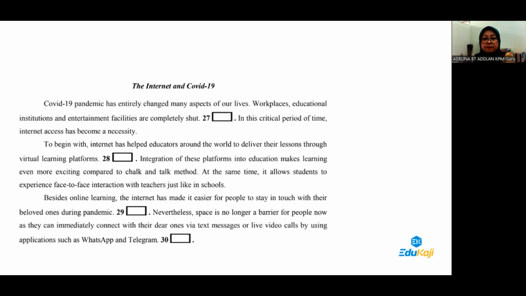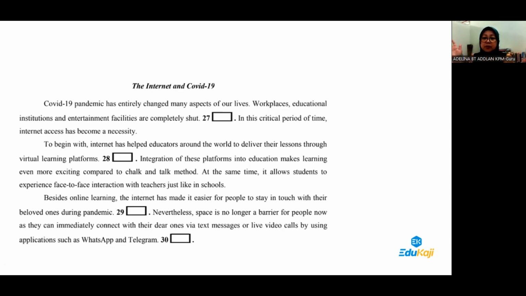Okay? Alright. Now let's look at part 4. I think the reason why they use the internet and COVID-19 is because it was in 2021, where we were still in the pandemic era. Internet and COVID-19 go hand in hand, because when you have COVID-19, the internet becomes very well used by everyone.